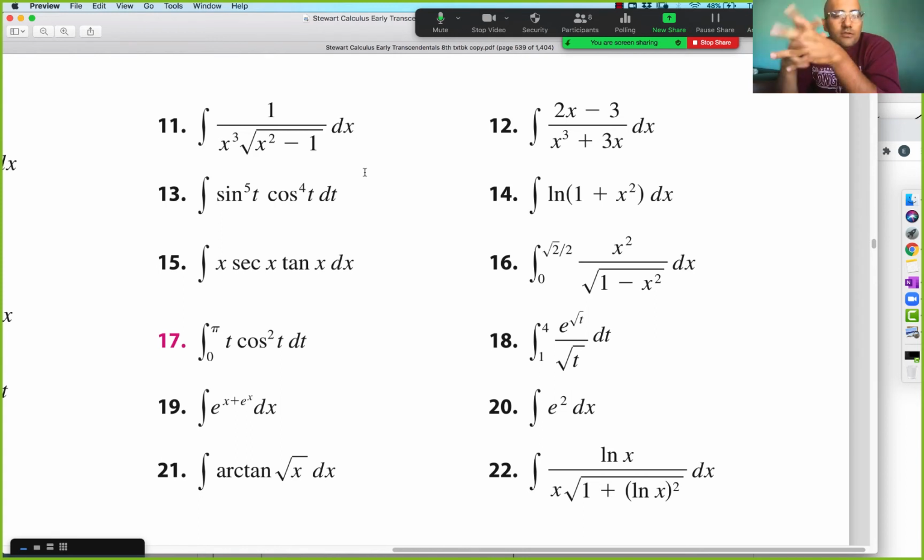Letting x equal secant theta, we end up with secant squared theta minus 1, which is tangent squared theta, which means that for a particular section of the domain, that whole square root simplifies to just tangent of theta. And then we have to deal with this x cubed part out here, but things should work out nicely there.